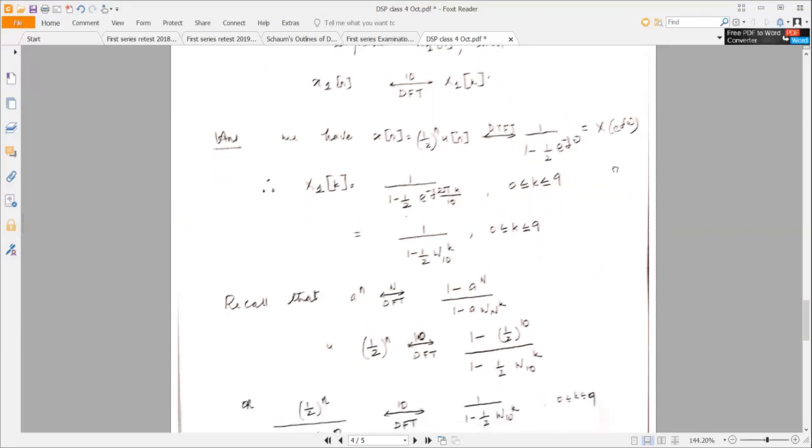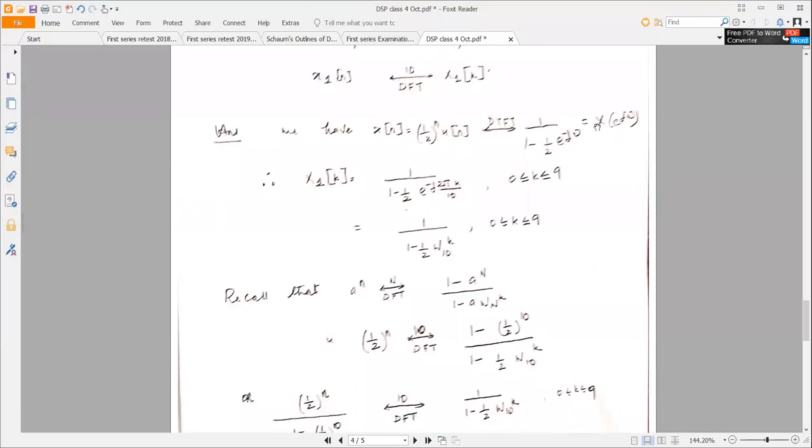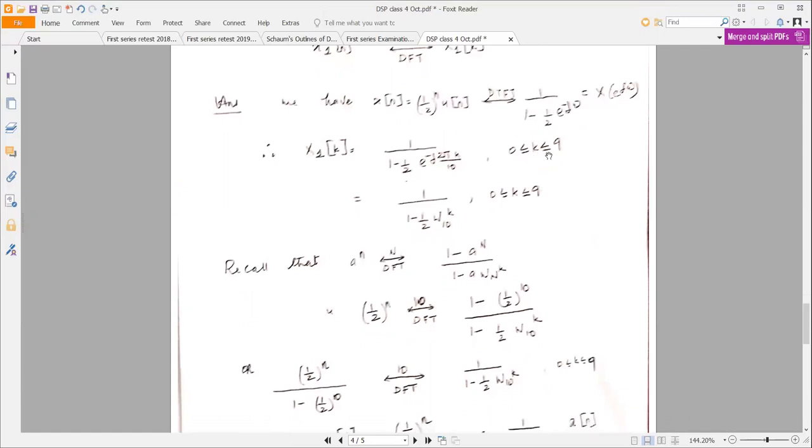So what we will do is we will sample this at 10 samples which are equidistant in the frequency domain. We will write X1 of k is equal to 1 by 1 minus 1 by 2 e raised to minus j 2 pi k by 10, instead of omega, so that we have 10 equally spaced samples, for 0 less than or equal to k less than or equal to 9.